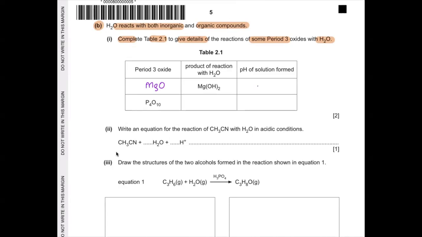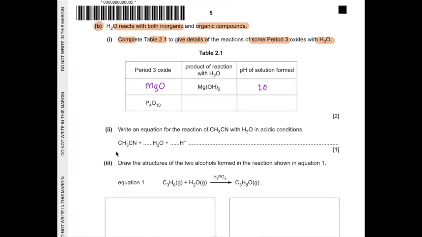It's a weak alkali, so the pH is like 10. And then P4O10, when it dissolves, forms an acid, that is phosphoric acid, H3PO4. As it's a strong acid, the pH of the solution is around 1 or 2.